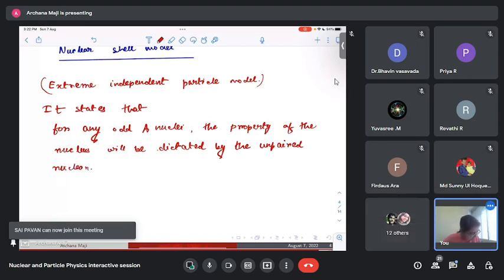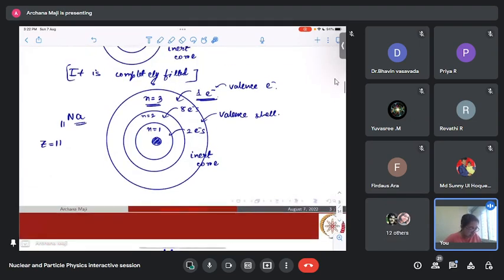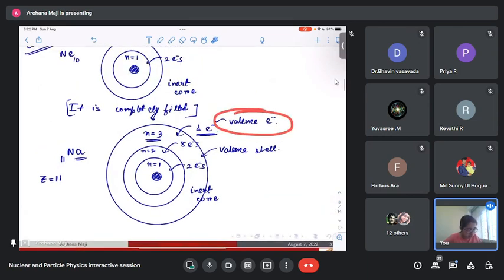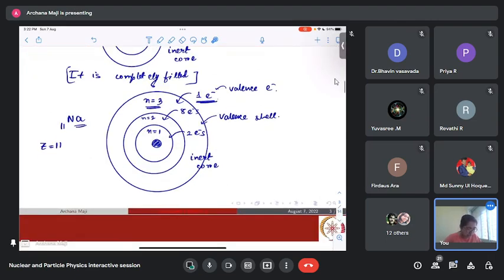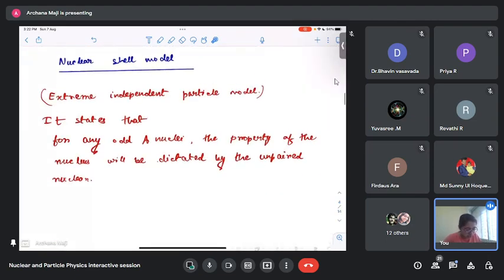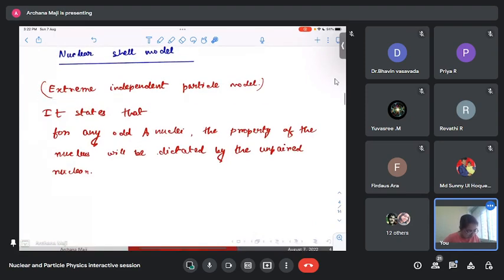Okay, so it is just like this atomic shell model in the sense that here the valence electron dictates the property of that atom. So the valence electron is the electron in the incompletely filled shell of that atom. In the same way, in this extreme independent particle model, for any odd A nuclei, the property of that nucleus will be dictated by the unpaired nucleon.